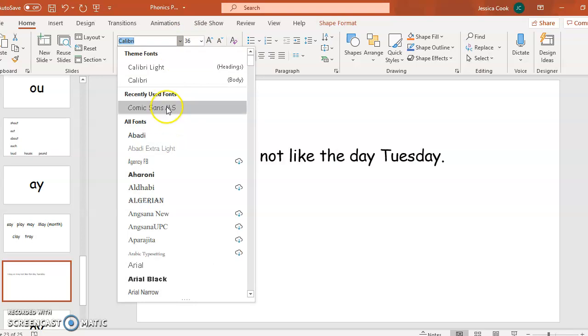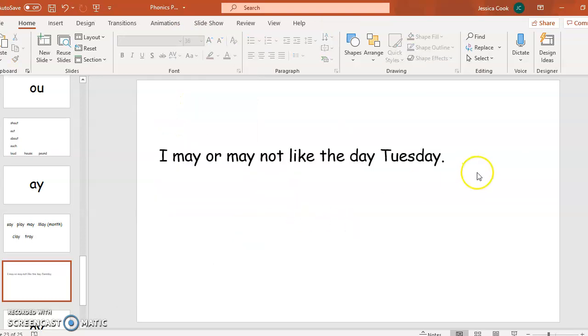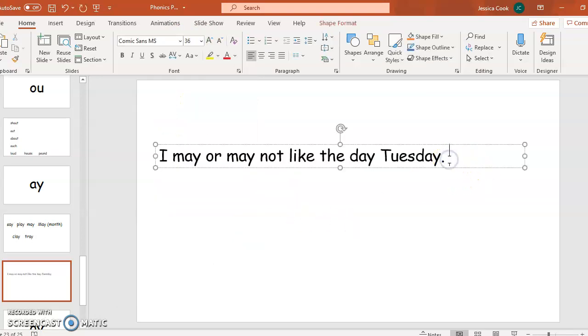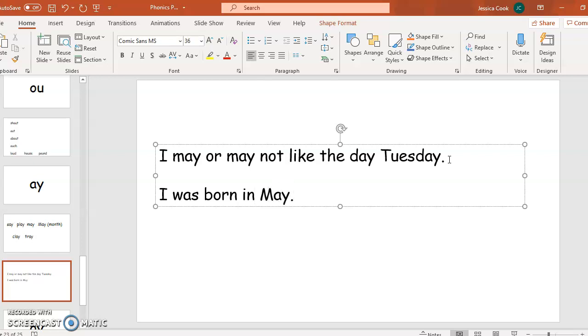I'll make that a bit bigger so we can see it. And if we used I was born in May, I have used a capital letter because it's the month, isn't it? I've used a capital letter here because it's a day of the week.